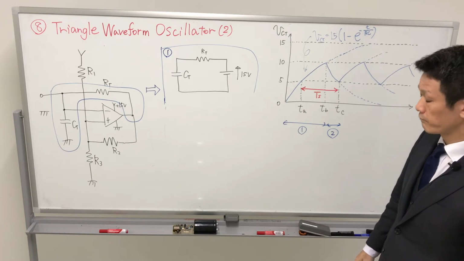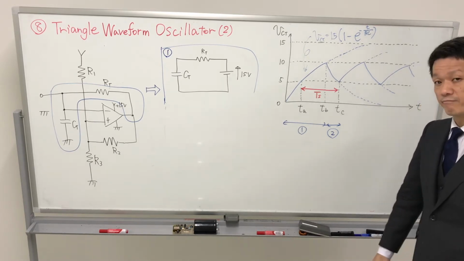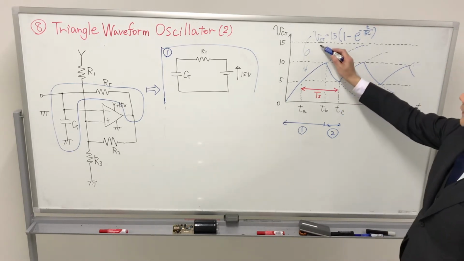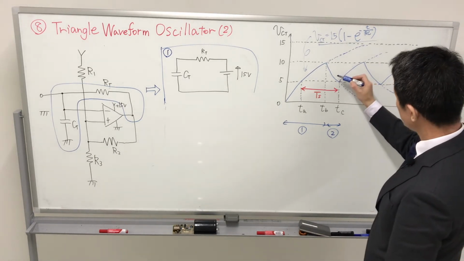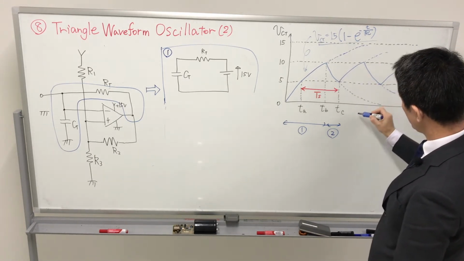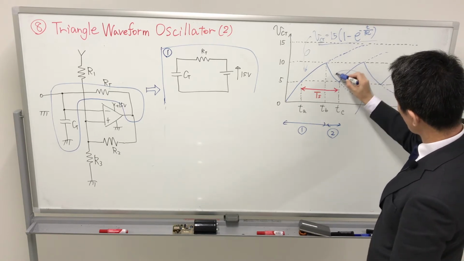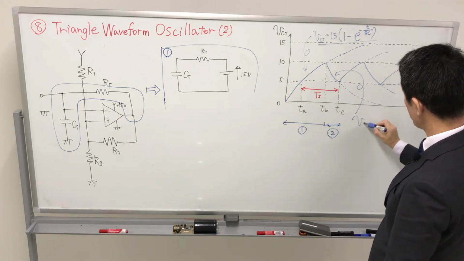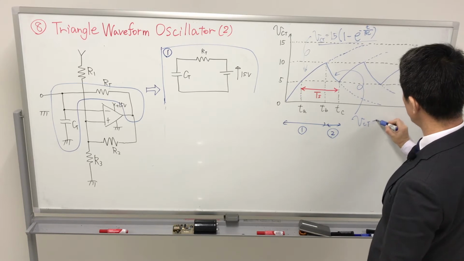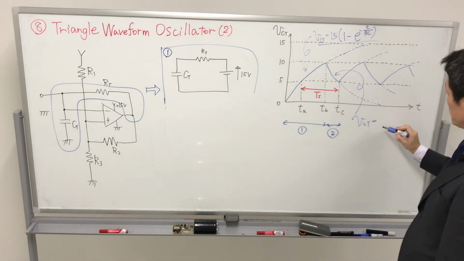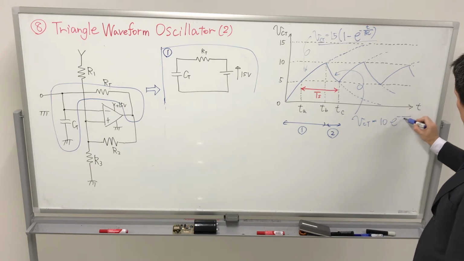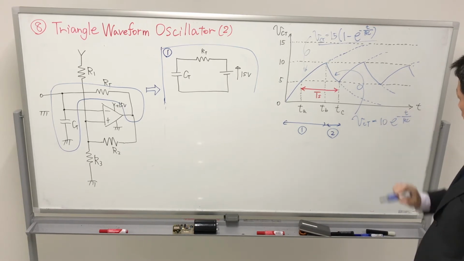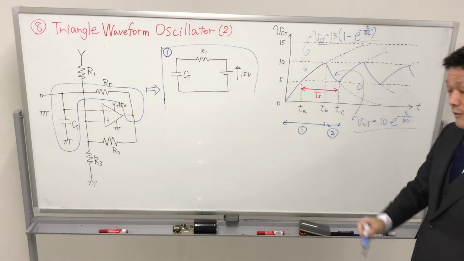You can already write it easily. You can obtain the formula, okay? And for this time, this rise, VCT equals this, easily we can obtain it.